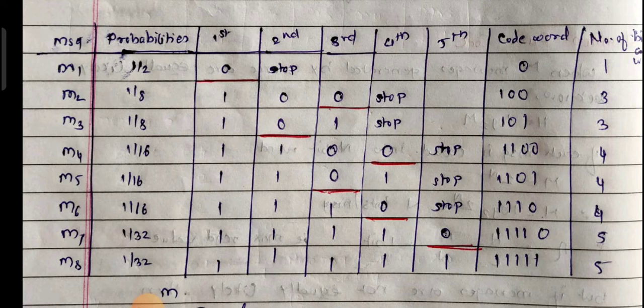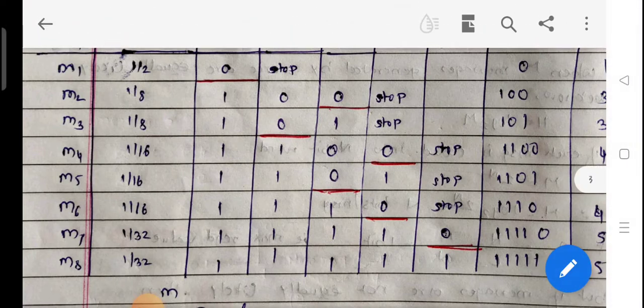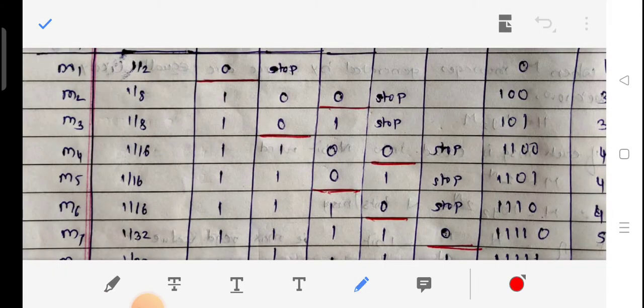If we add that value to this 1/16, we will get the probability 1/8. Again, the addition of these two will be 1/8.